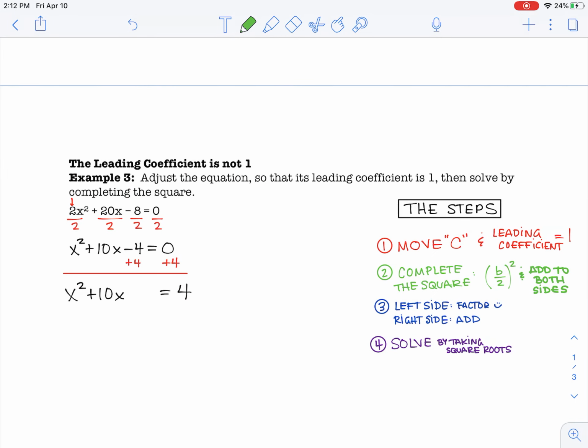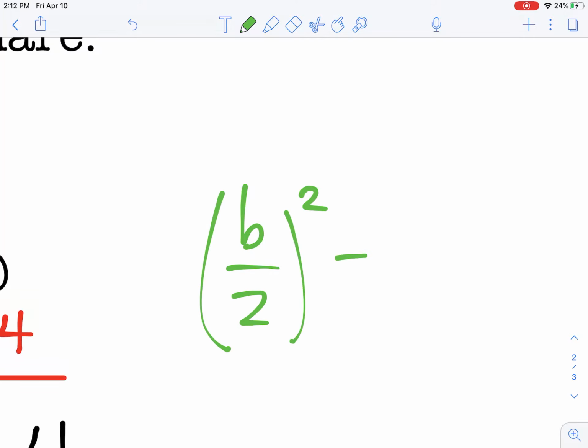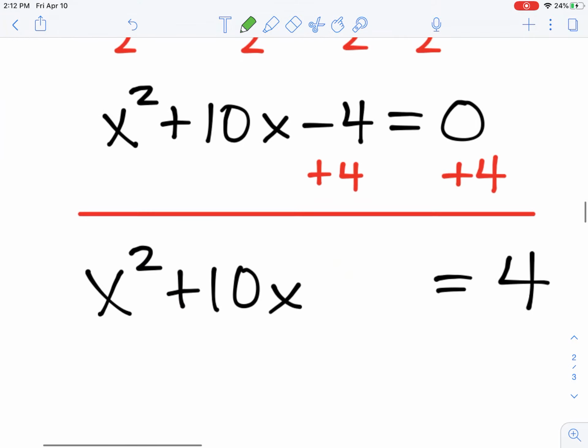All right, which takes us to step 2, which is to complete the square and then add that to both sides. So we're going to take b divided by 2 and square it. So in this particular case, it's the b that's there after you divide. So that's a 10. Oopsie.